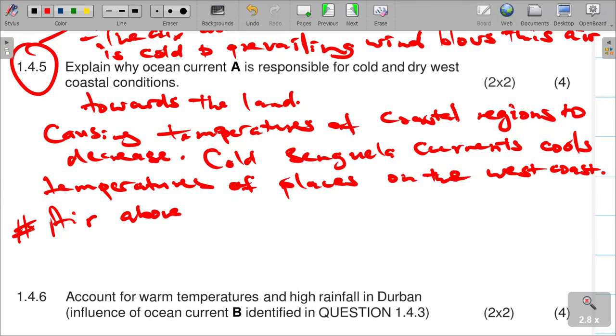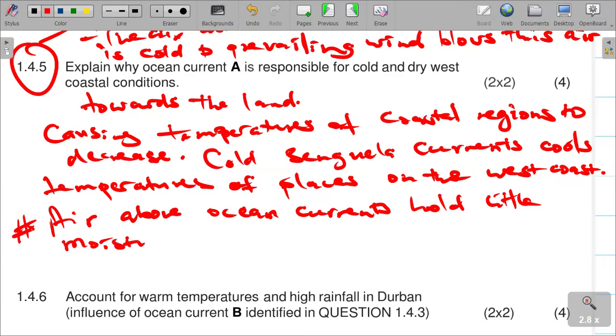Air that is above the cold ocean current naturally holds little moisture.